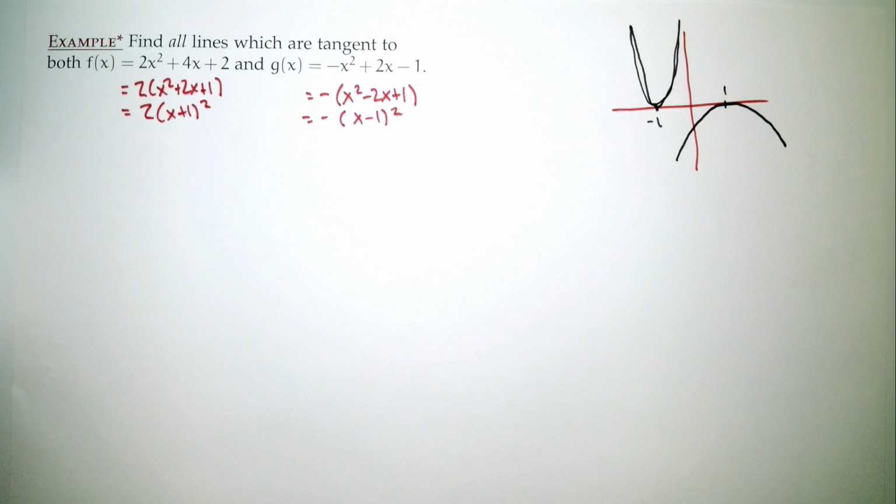And so our goal is to find all lines which are tangent to both curves. I claim that there's one easy answer, and then there's another answer which is going to take us about 10 minutes. Which is the easy answer?